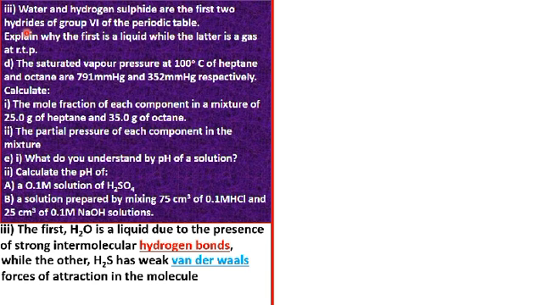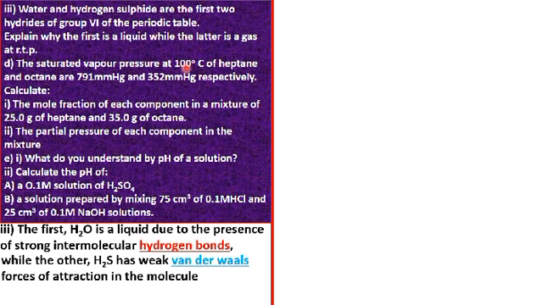So in terms of which one is a liquid, which one is a gas, and why, you simply examine the nature of intermolecular hydrogen bonds occurring within them. Note that hydrogen bonding occurs whenever hydrogen is bonded to very highly electronegative elements, such as oxygen, nitrogen, and fluorine. These are the famous ones.